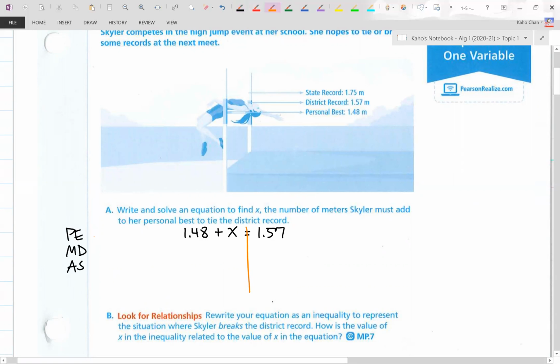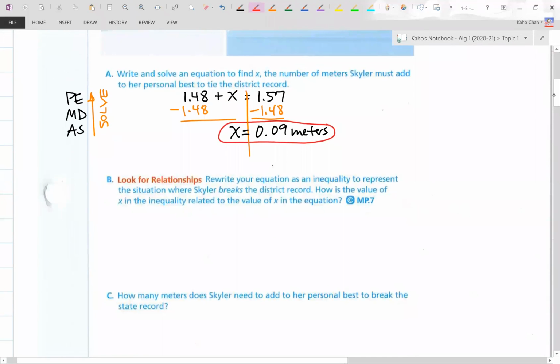And we are going backwards when we're solving. Okay. So we're going to go ahead and subtract 1.48 to both sides. Pretty easy. Line up the decimal points, and it looks like we need 0.09 meters. Great. Let's move on to the next question.